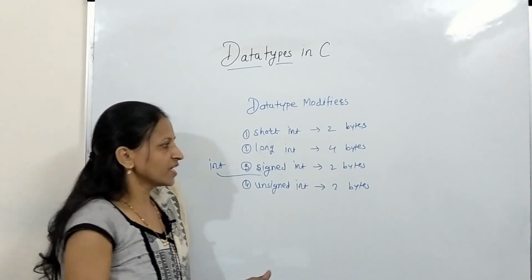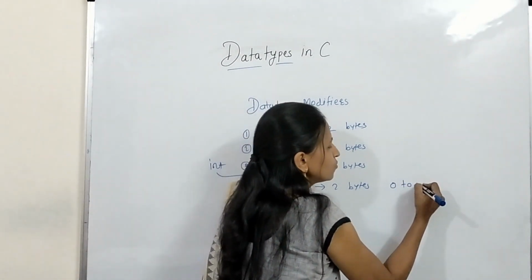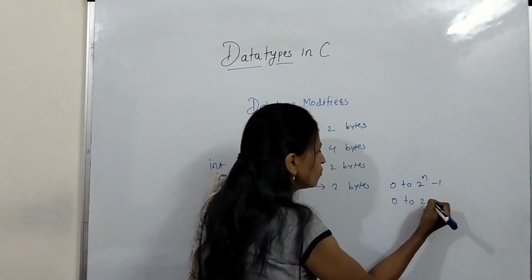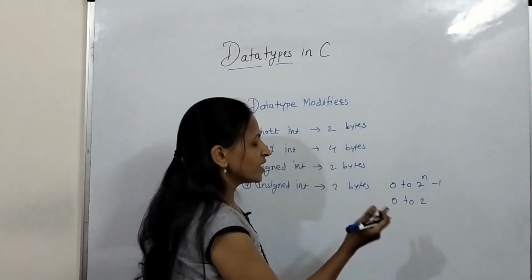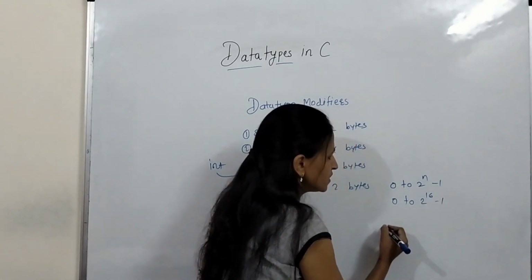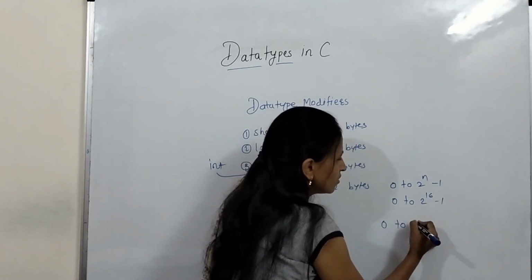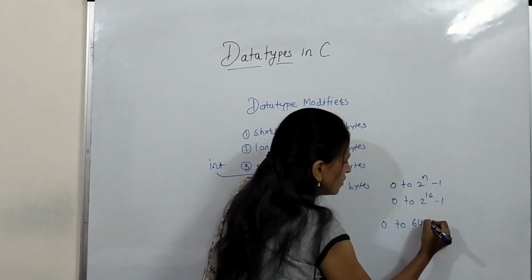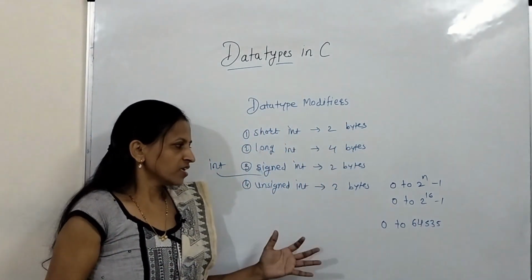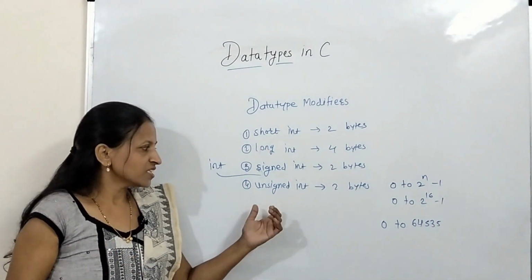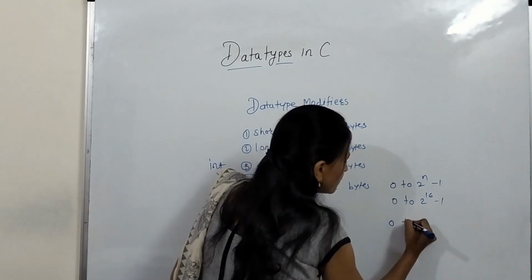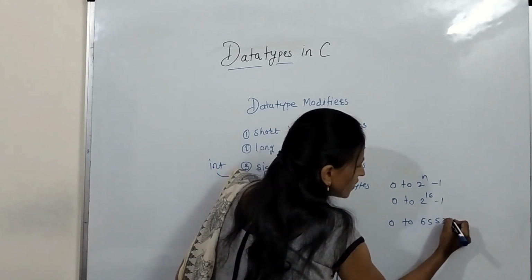That means the range will be from 0 to 2 raised to n minus 1. Here n is 2 bytes, that means 16 bits, so the range will be 0 to 65535.